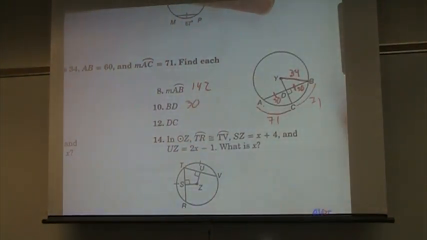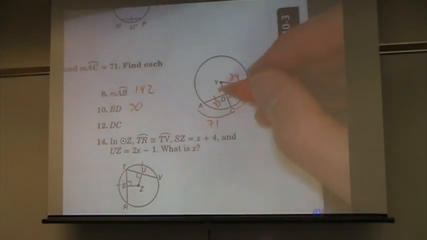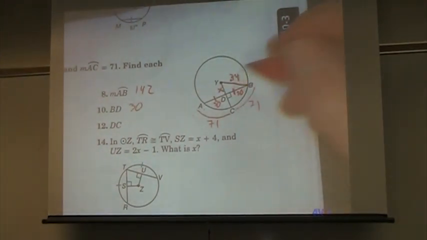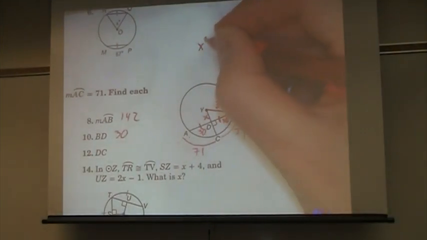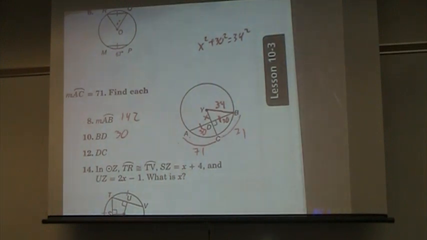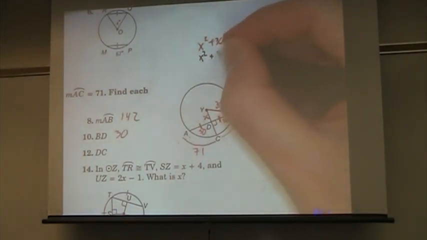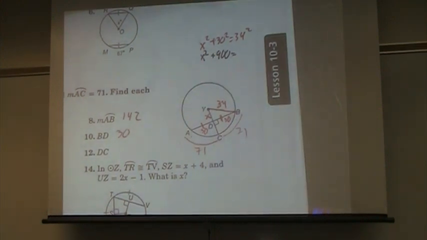Now it wants YD, which is this x right there. Well, if you remember your Pythagorean theorem, you've got your a squared plus b squared equals c squared. I will try to draw that up here so we can see it. x squared plus 30 squared equals 34 squared. And slowly but surely, 34 squared is 1156.